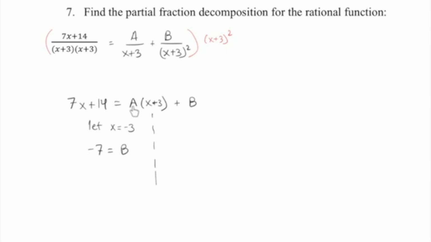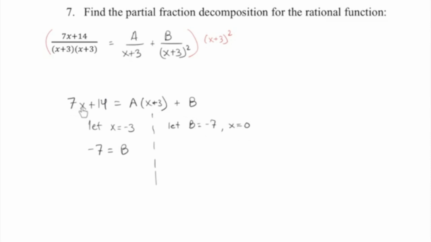Now, in order to solve for a, we have to have b turn into a value, not a variable, and we already know the value of b, so for the second step, I'm going to let b equal negative 7, but we also have to have x turn into something. I don't want to let x equal negative 3 again, because that's going to make a disappear, so I'm just going to let x equal some random value, like x equals 0. So I'm plugging in x equals 0 and b equals negative 7.